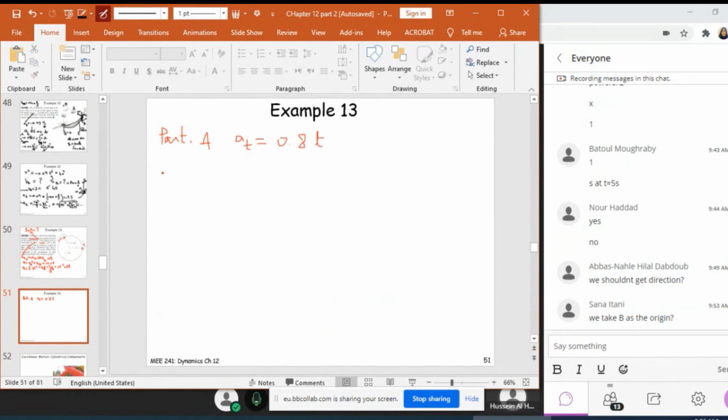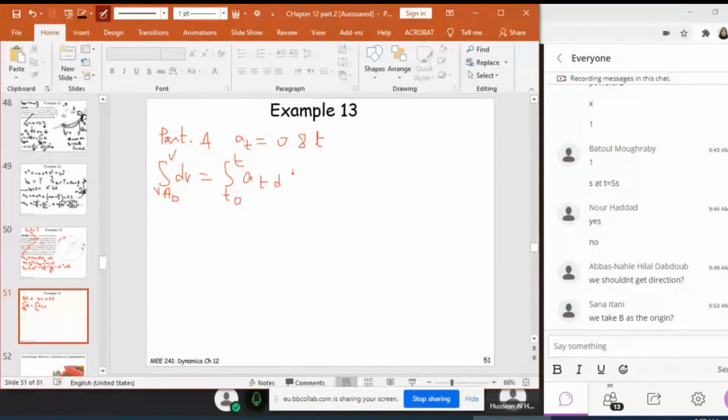And this means, guys, that the integration of dV between VA0, which is the initial velocity, and V is equal to the integration of a dt between t equals 0 and t.